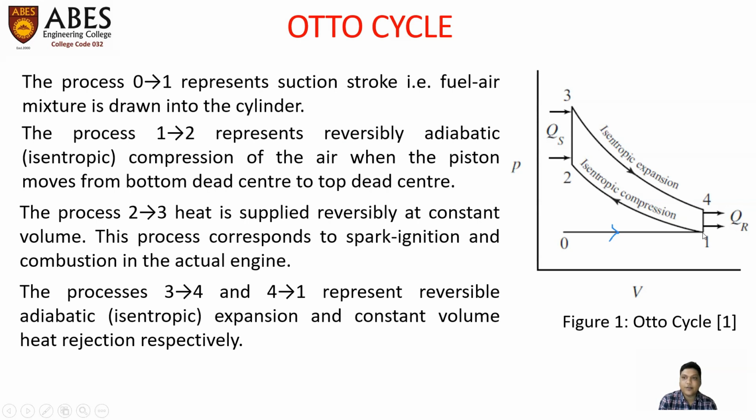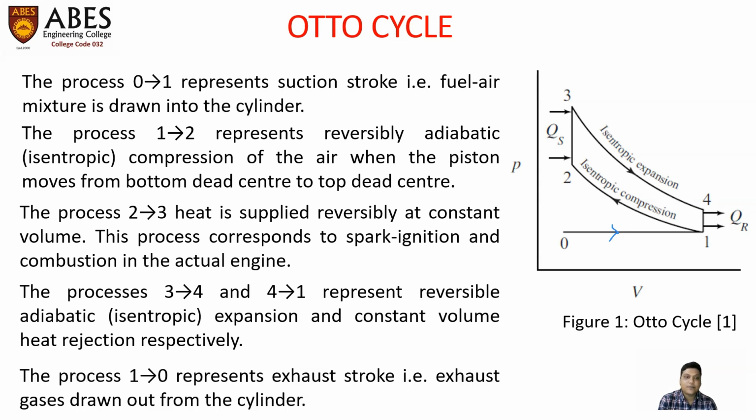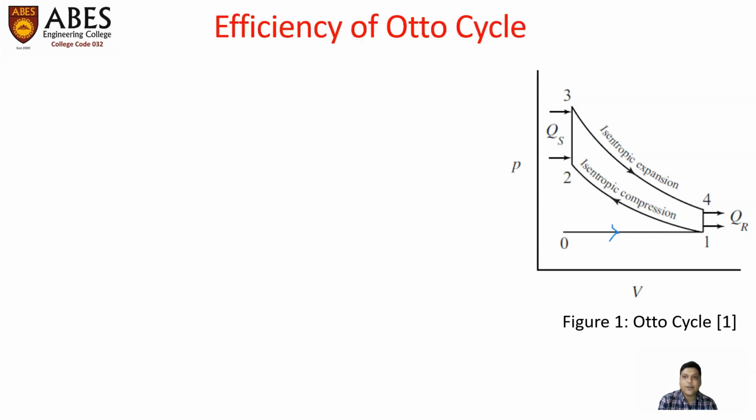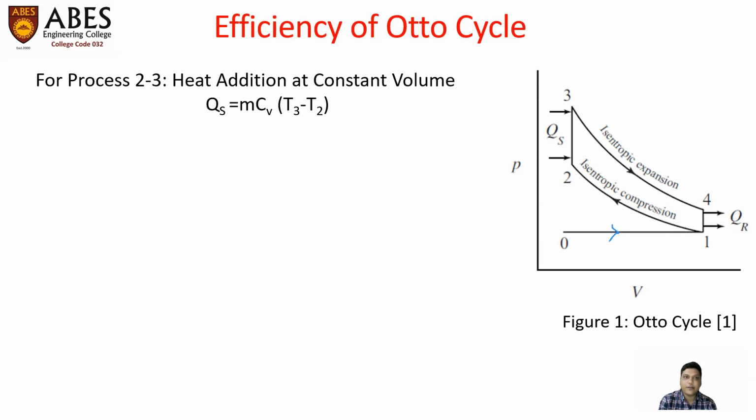In this process, a certain amount of heat is rejected by the engine, which is represented by QR. The last process is 1 to 0, which represents the exhaust stroke in which exhaust gas is drawn out from the cylinder. Now, we are going to discuss the different processes in a mathematical way and finally derive the expression for the efficiency of the Otto cycle.